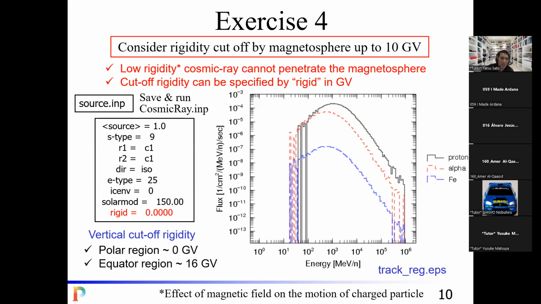So anyway, let's change the rigid parameter in cosmicray source.inp, save, and run cosmicray.inp and check the difference in the spectrum.